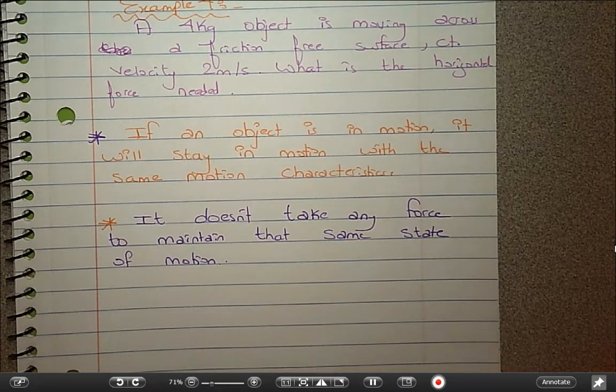Now, there are some forces that when applied will still keep my object at the same speed. So it will not really affect the speed of the object.